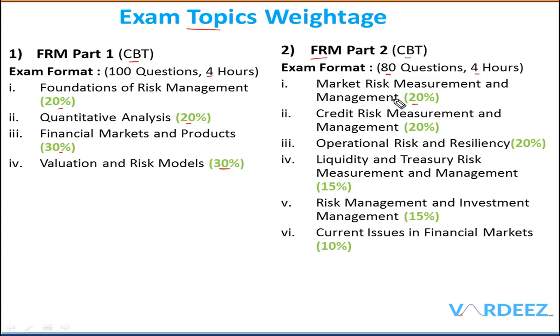We've got 20% weightage for market risk measurement and management, 20% for credit risk measurement and management, 20% for operational risk and resiliency, 15% for liquidity and treasury risk measurement and management, 15% for risk management and investment management, and finally 10% for current issues in the financial markets. So this is the curriculum for FRM Part 2.